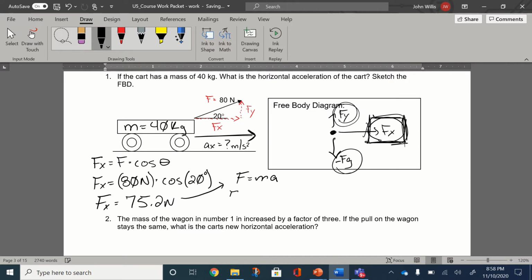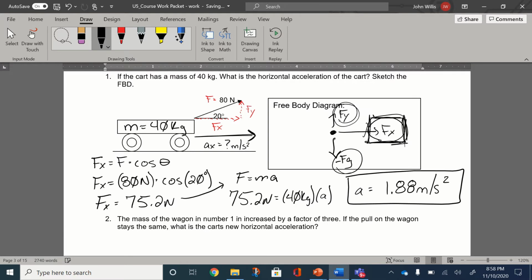But it's going to be 75.2 newtons is equal to 40 kilograms, because that was the mass provided at the beginning, multiplied by your acceleration. You should get a value of acceleration of 1.88 meters per second squared. There you go. That's how quickly that particular wagon will accelerate horizontally left and right.